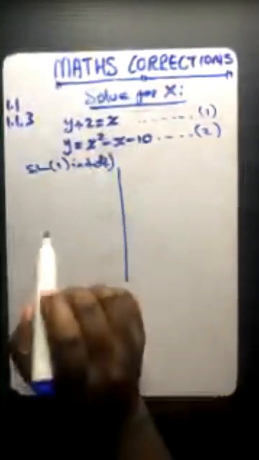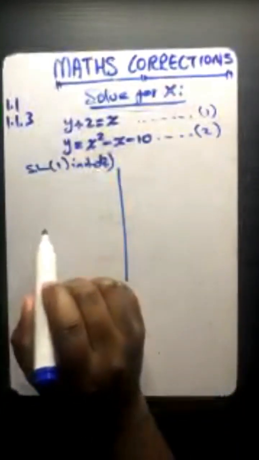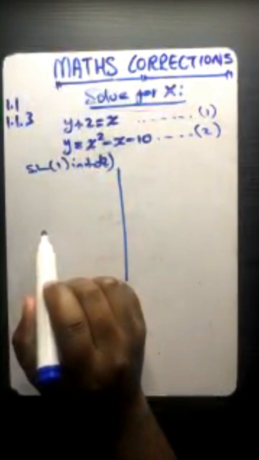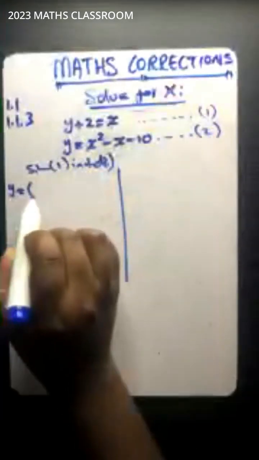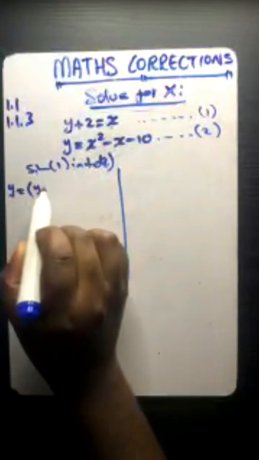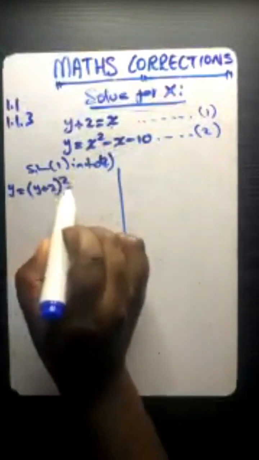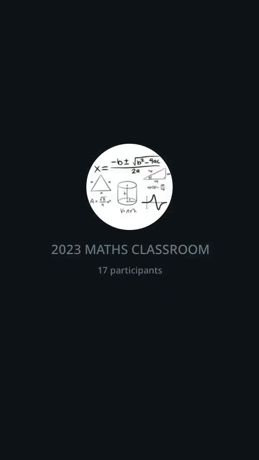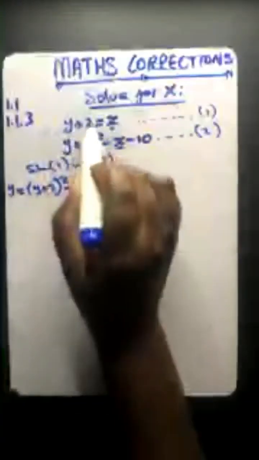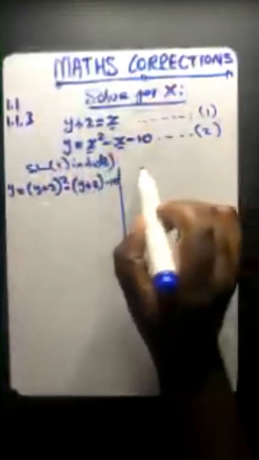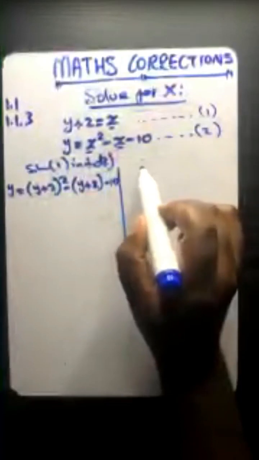But now see what happens if you do that. Where you see an x, you're going to substitute the whole of that. So you're going to have y, which is equals to, let's see, y plus 2 squared minus, there is another x, you're going to substitute y plus 2, and then you have minus 10 there. So where I saw that x, I substituted the whole of that. That is another option. But how about I derive equation number 3?